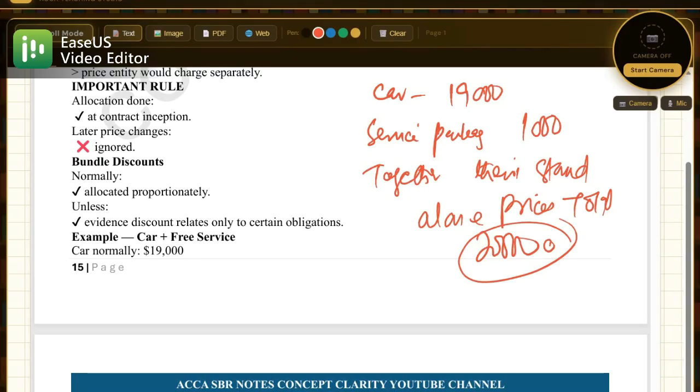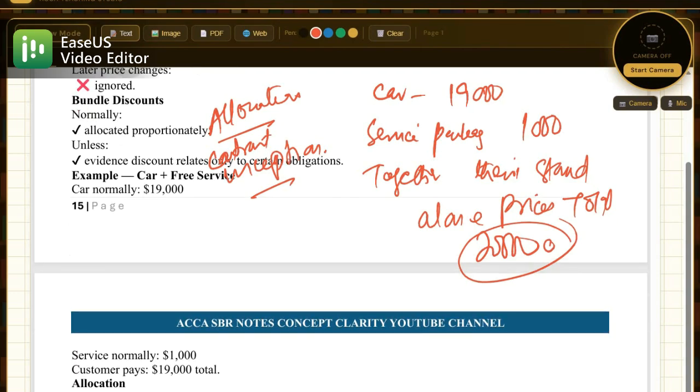You have to understand this: allocation is done at contract inception. Later changes in the stand-alone prices are ignored, because revenue recognition must be based on the original agreement, not future market fluctuation. Clear?